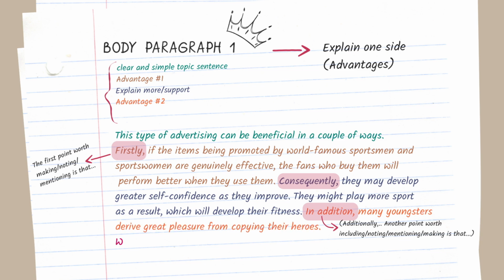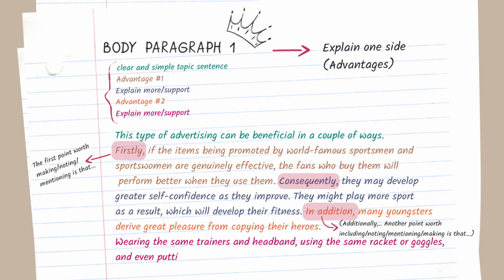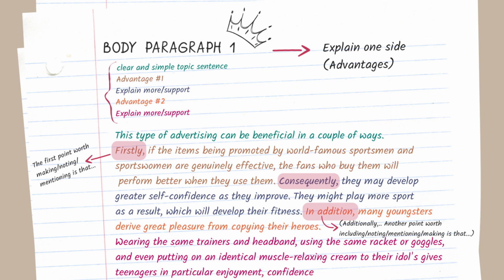Now you should explain it. What is the result of this? Or you can give some examples from your personal life, or you can give evidence from the real world, right? Wearing the same trainers and headband, using the same racket or goggles, and even putting on an identical muscle relaxing cream to their idols give teenagers in particular enjoyment, confidence, and a sense of identity.